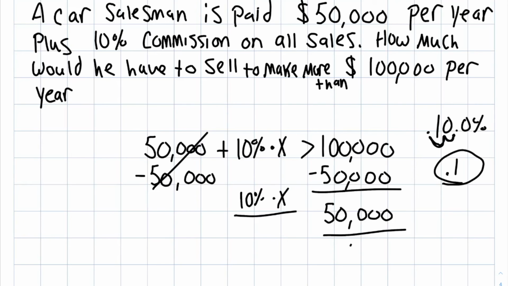So we need 0.1 and 0.1. I'm going to erase it here as well just to make it a little clearer. 0.1. So these 0.1s are going to cancel. And now we're dividing $50,000 by 0.1, which I will plug into a calculator.